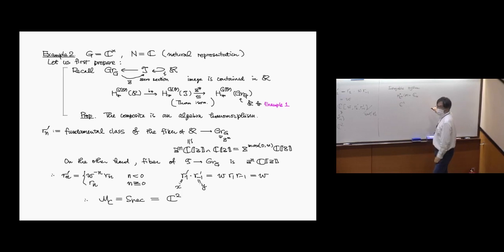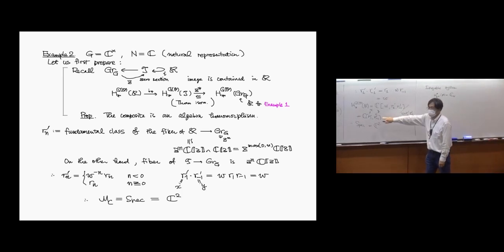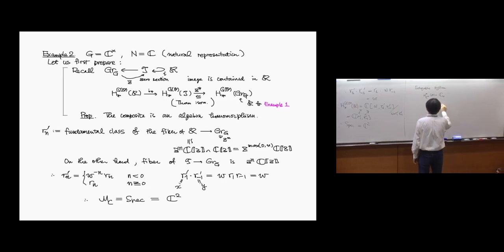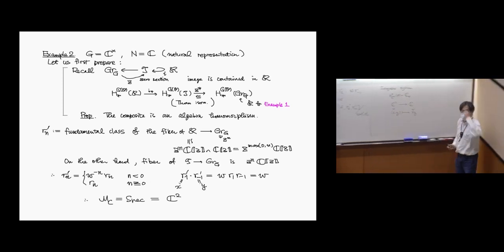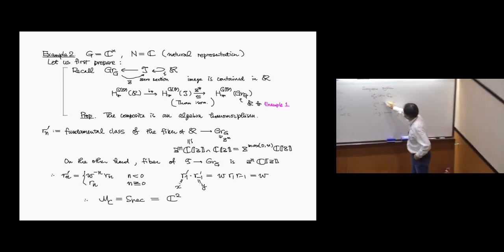So the pullback from the base of the integrable system is this W, which is X times Y. So it means that the integrable system is just given by XY goes to X times Y. This is pi.